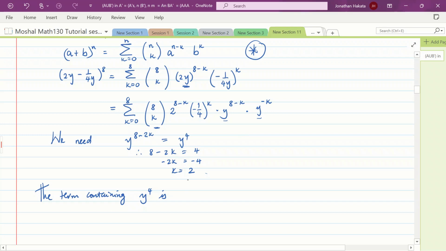Then we start from 8 choose 2, then it becomes 2 to the power 8 minus 2, then minus a quarter, minus 1 over 4 to the power of k, which is 2, right? Then of course if we plug in 2, then this should be y to the power 4. You can do that.